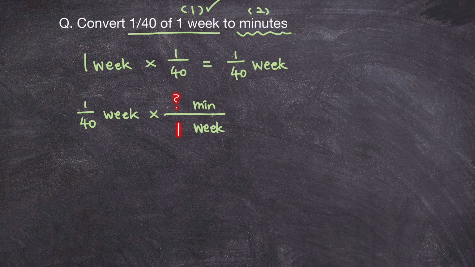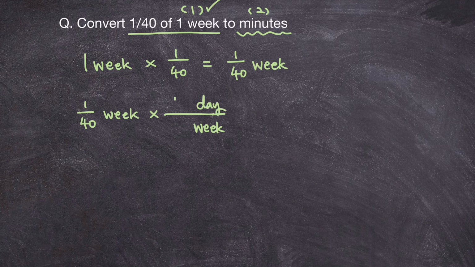And I do not have it memorized, of course. So instead of putting minutes here, I'm gonna put in a unit that I know is equal to 1 week. So let's put days first.